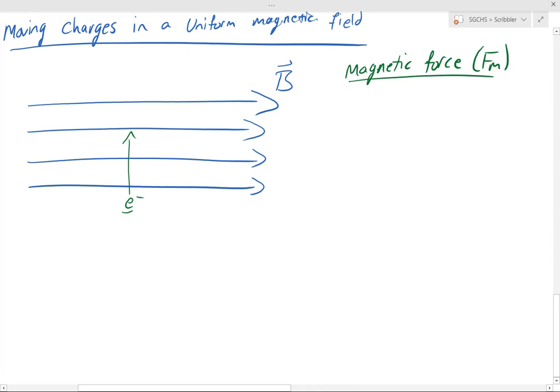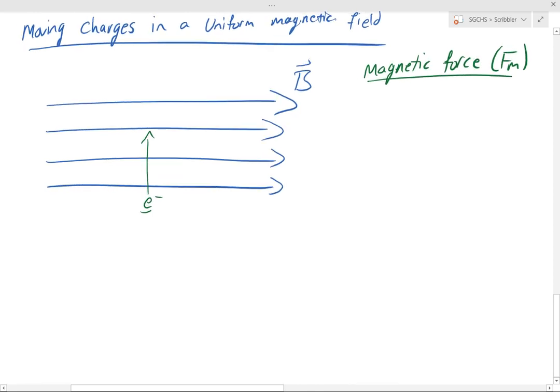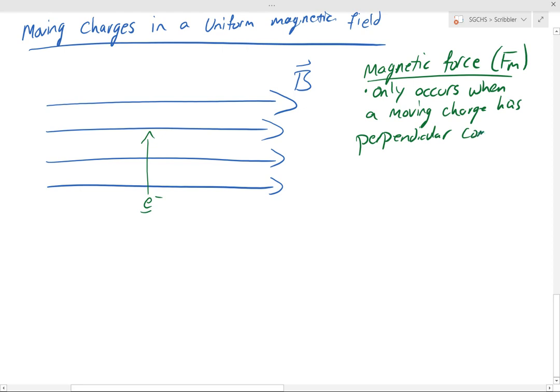Now, this only occurs when a moving charge has a perpendicular component to a magnetic field.